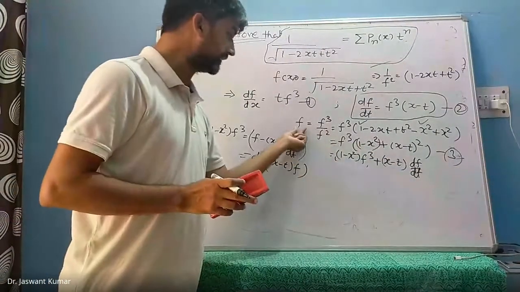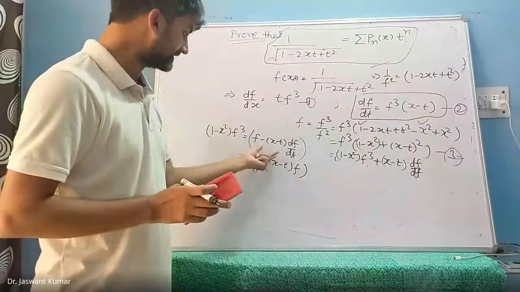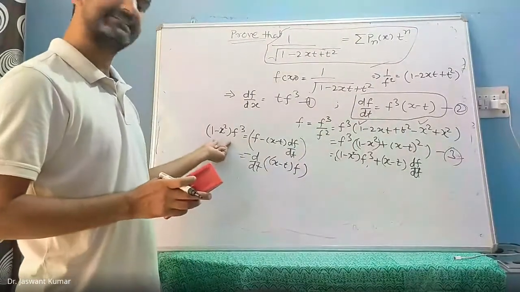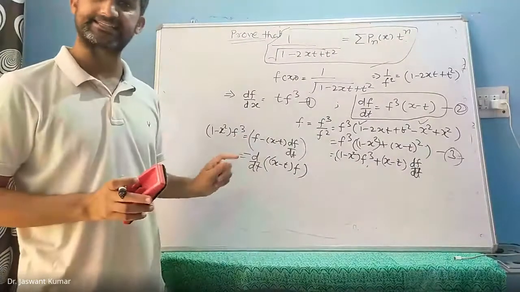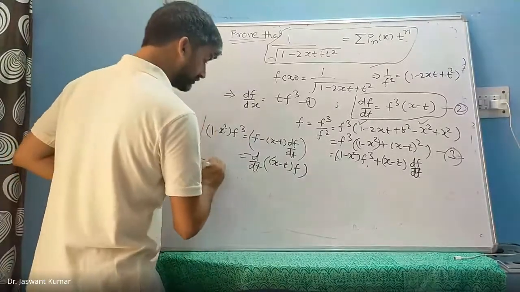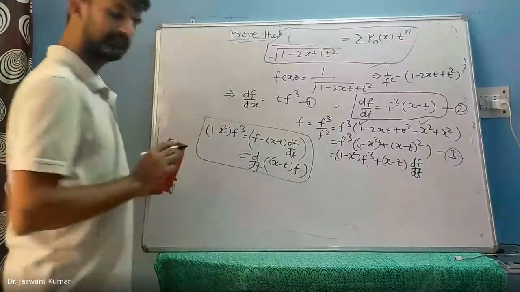This term has gone to the left hand side, and the left hand side has been converted to the right hand side. The right hand side is now the left hand side. So we get minus d by dt of x minus t into f. This is one equation which is going to be slightly important.